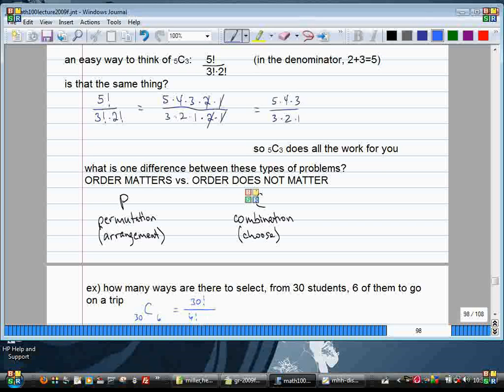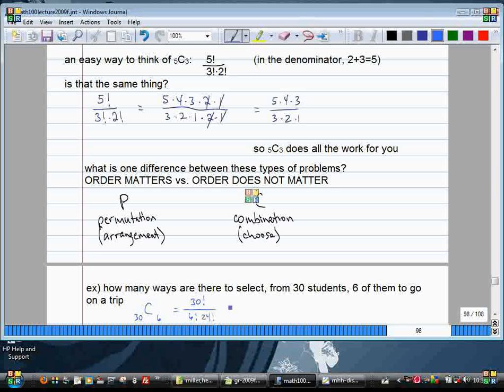And then what else? 30 minus 6. And what is 30 minus 6? Awesome. Because 6 plus what equals 30 is the same as asking what is 30 minus 6. Right? Yes.